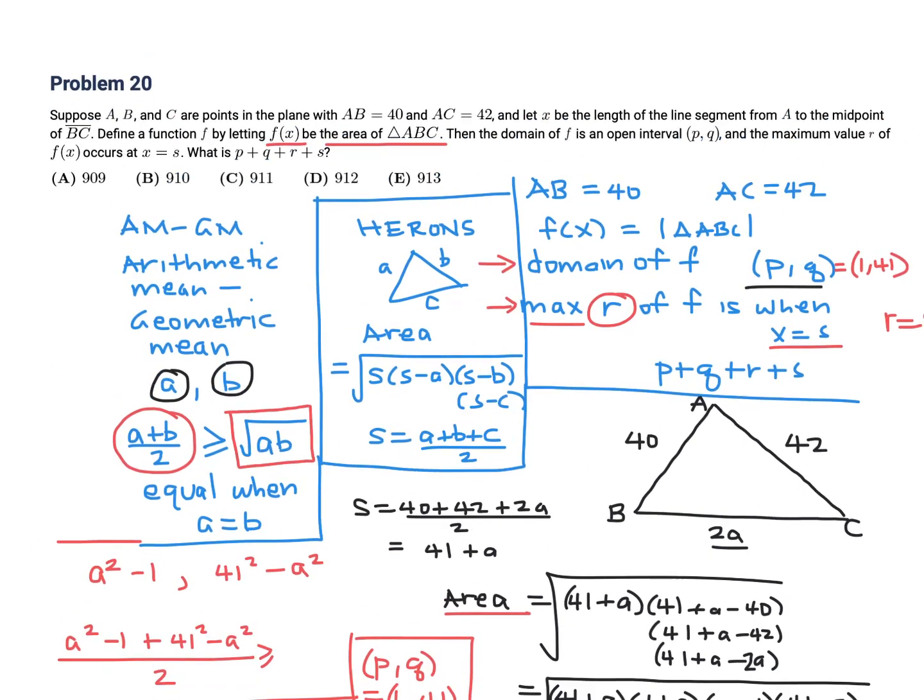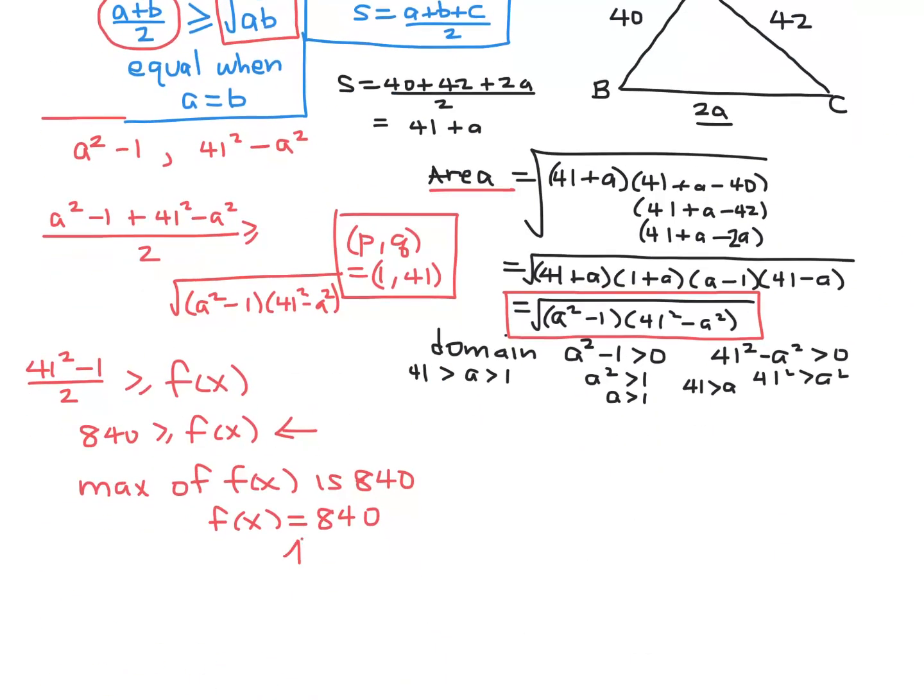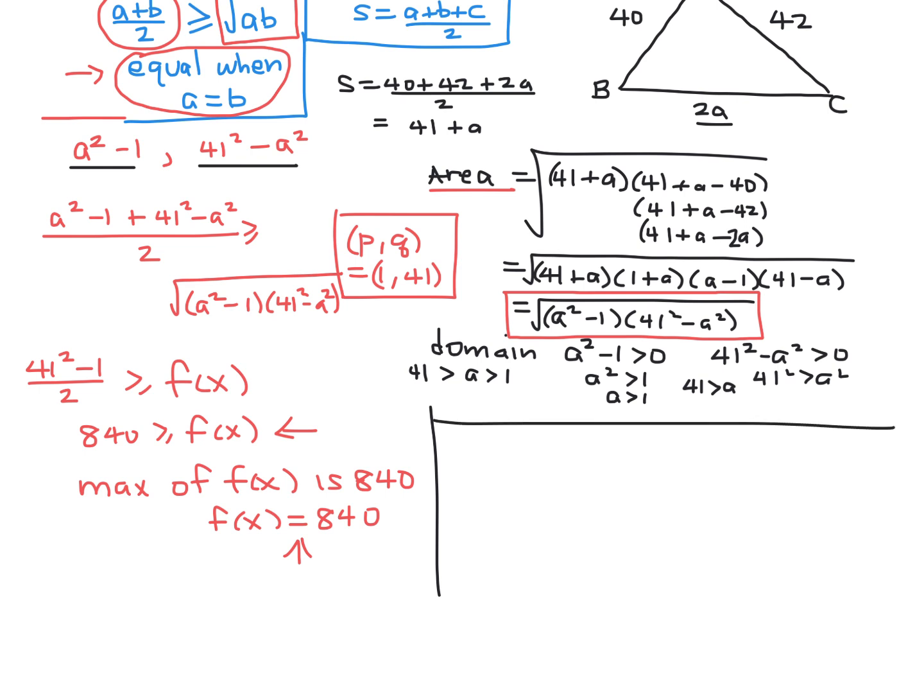Yeah, maximum. But when is it equal? It's equal right here. It's equal when those two numbers that we're comparing are equal to each other. And those two numbers that we're comparing are this guy and this guy. So to figure out the value of when it is equal, we have to set those two equal to each other. So A squared minus 1 has to be equal to 41 squared minus A squared.